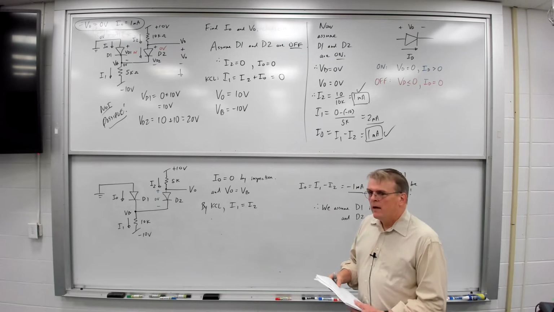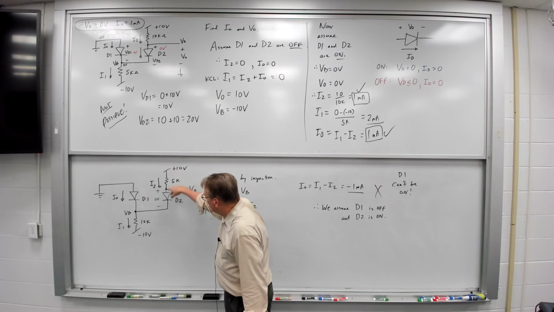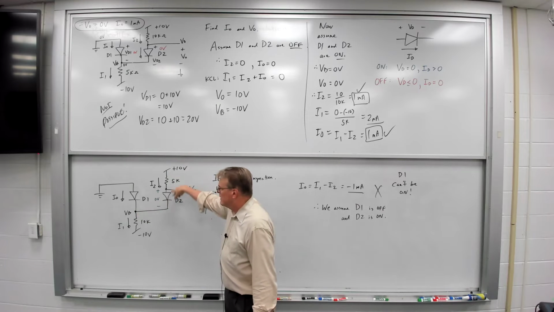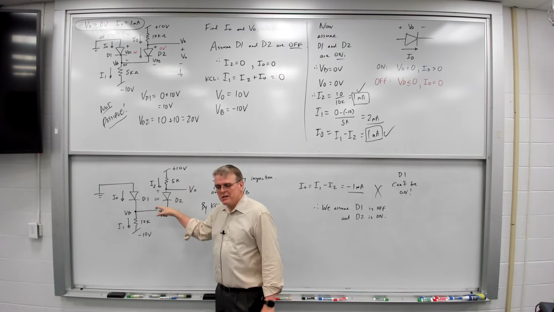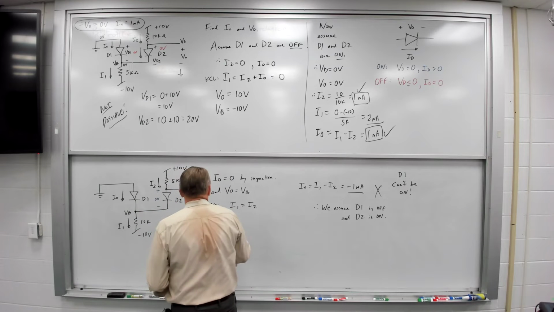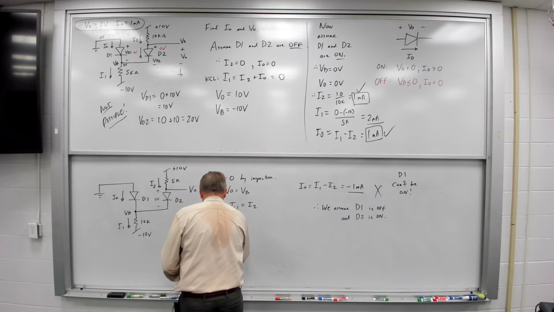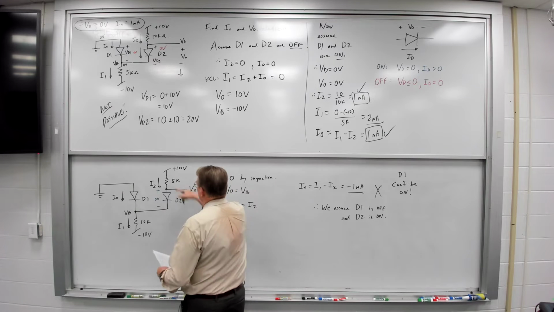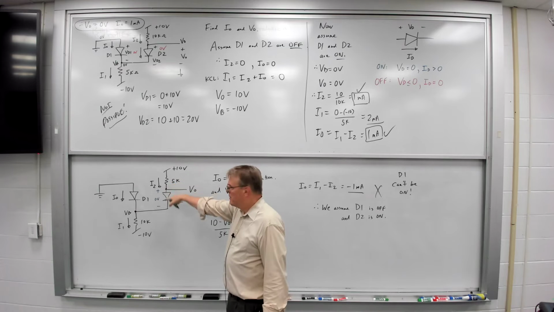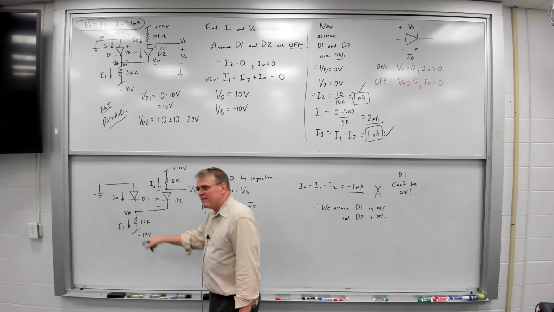Okay, so now what do we do? Well, if I've got 0 volts here, I can write a little equation for these devices here. This current's equal to that current, so therefore 10 minus V0 over 5K, which is that current, must be equal to VB minus negative 10 divided by 10K.